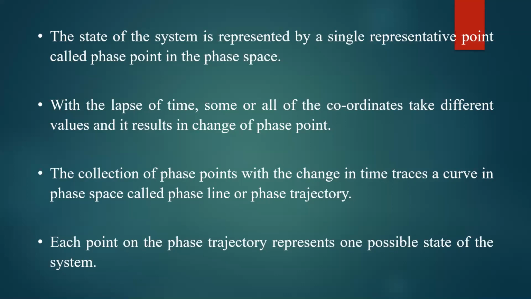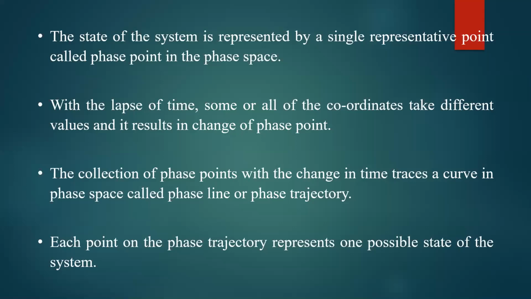So the phase point will have coordinates, one from the position coordinate, another from the momentum coordinate. So a point in phase space is called a phase point, which represents the state of the system at a given instant of time. With the lapse of time, as time runs, some or all of the coordinates take different values and it results in a change of the phase point.